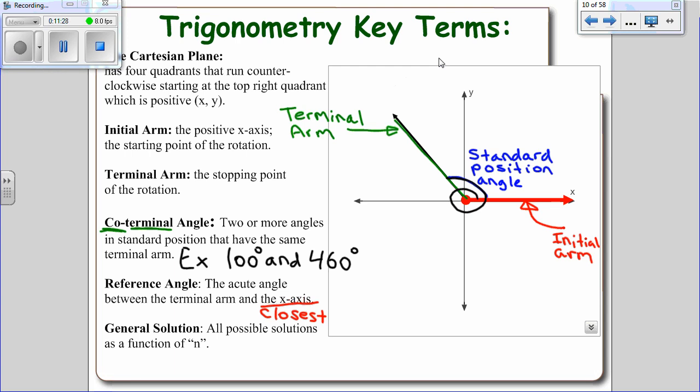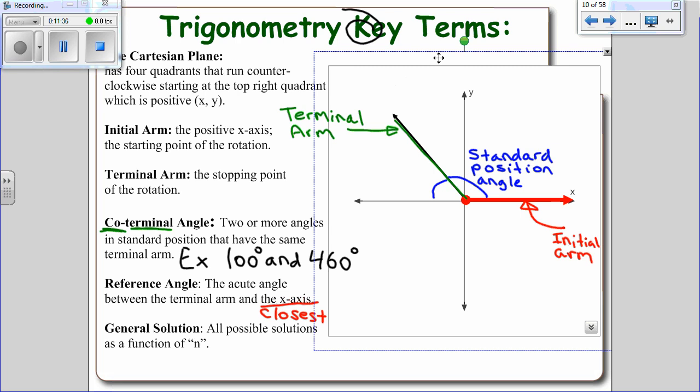It wouldn't be the standard position angle. Standard position angle is always the positive x-axis. The reference angle is the closest x-axis. So we would say that is the reference angle.